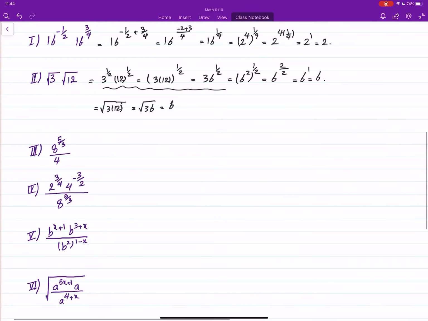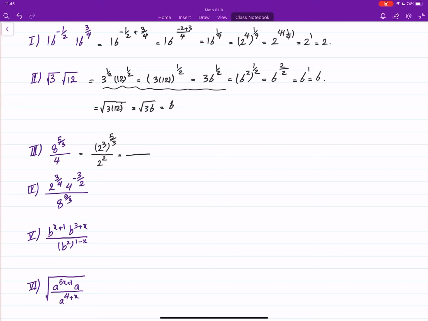Okay. Here, I have an exponential expression with base 8, and down there's a 4. If you don't have the same base or the same exponent, you cannot do anything. But in this case, you see that we can turn 8 to 2 to the power 3 and 4 to 2 to the power 2.